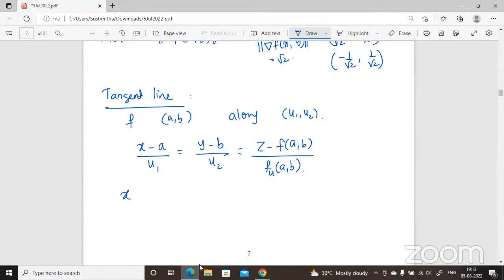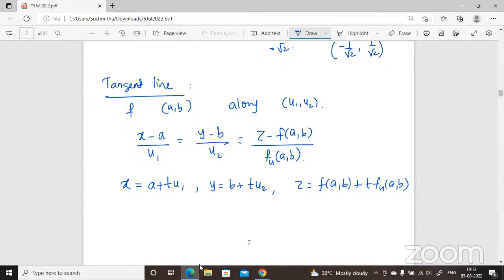So when you put it equal to t, you will get x is equal to a plus t u1, y is equal to b plus t u2, z is equal to f of a comma b plus t times the directional derivative of f at a, b in the direction of u.